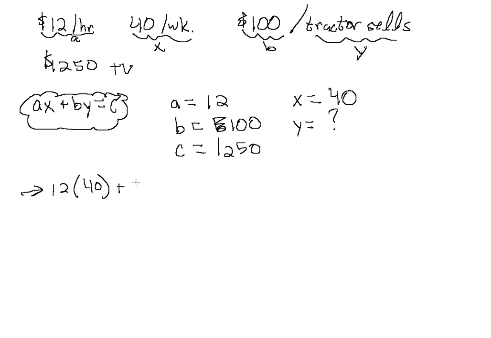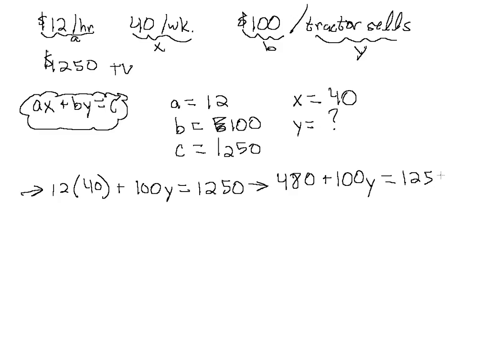So B is 100, times Y, which is what we want to solve for, equals C, which is 1,250. Okay, so we can simply multiply these and isolate our variable Y on the left side and everything else on the right. Let's multiply 12 times 40, which is 480, plus 100Y equals 1,250. We're just rewriting the rest.